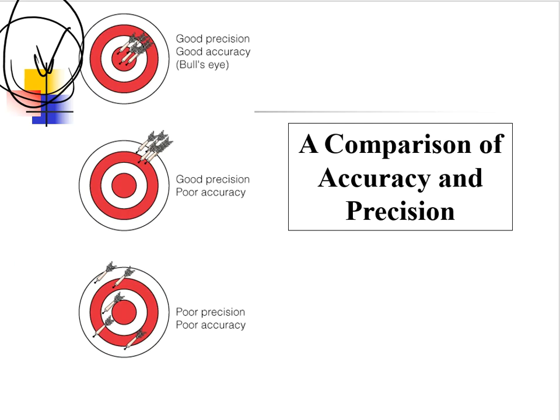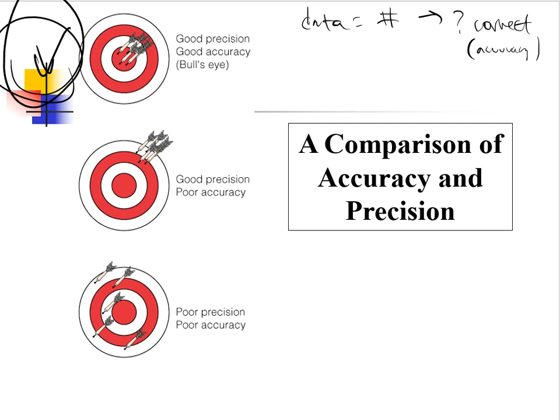In a laboratory environment, if I'm doing a lab and generating some data, that data is going to lead to a number. And we question, is this number correct? The correctness is what we refer to as the accuracy. So how accurate is the number? Is it accurate or is it not?